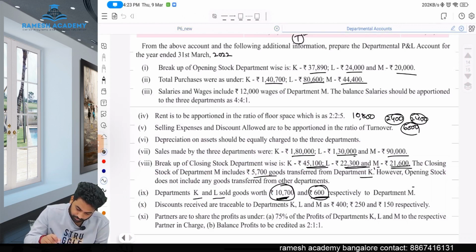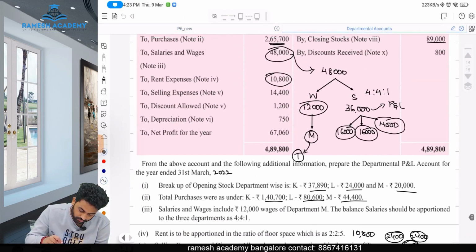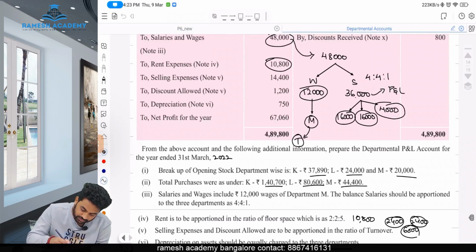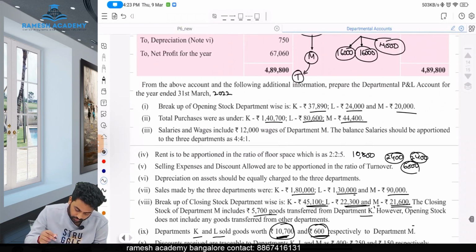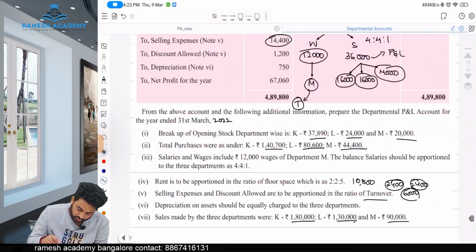Next, selling expenses and discount allowed are to be apportioned in the ratio of turnover. Will come one by one. So selling expense is 14,400. What are they asking, sir? It should be apportioned in the ratio of turnover. How much is the ratio of turnover?